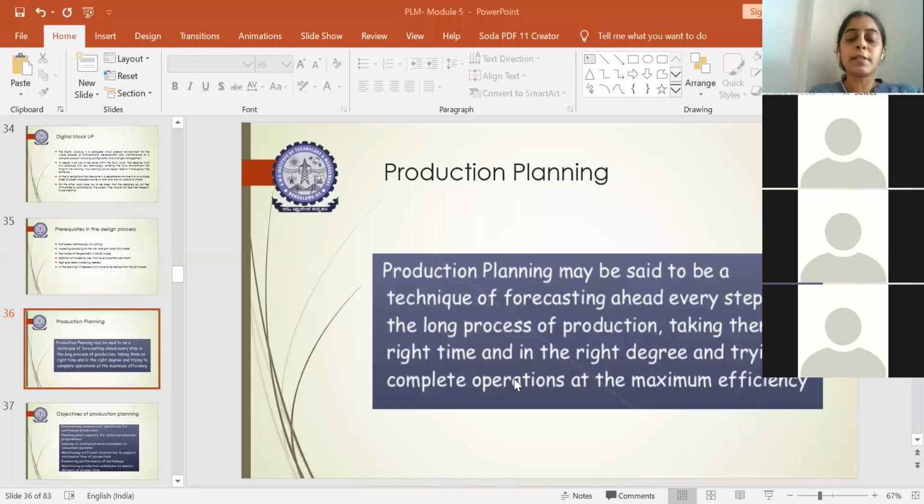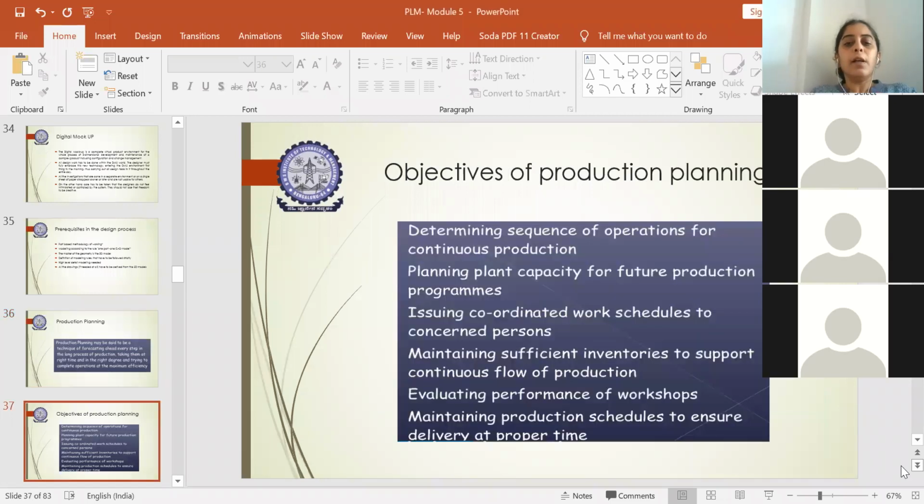In industries, time plays a vital role. Dead end is dead end, due date is due date, within which if you don't turn up, they won't accept your product in future. So it will be a loss to the company. Hence a systematic planning is very essential in our production also, production of the product.